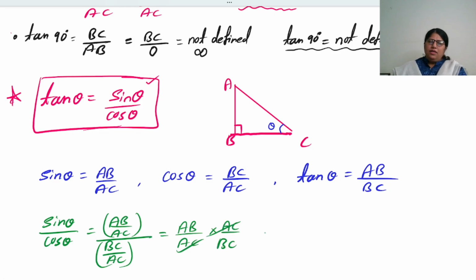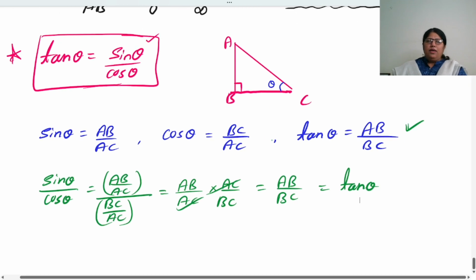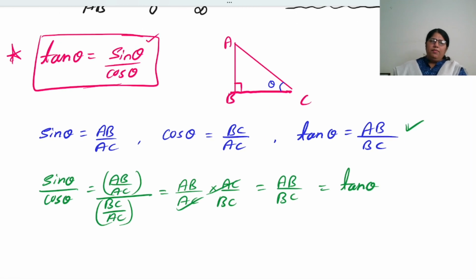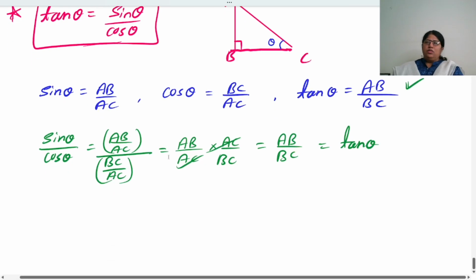AC gets cancelled and you reach AB by BC. Now AB by BC is nothing but tan theta, right? So this is the important result. You should all remember tan theta is always equal to sine theta by cos theta. It's very important to remember these rules, right?